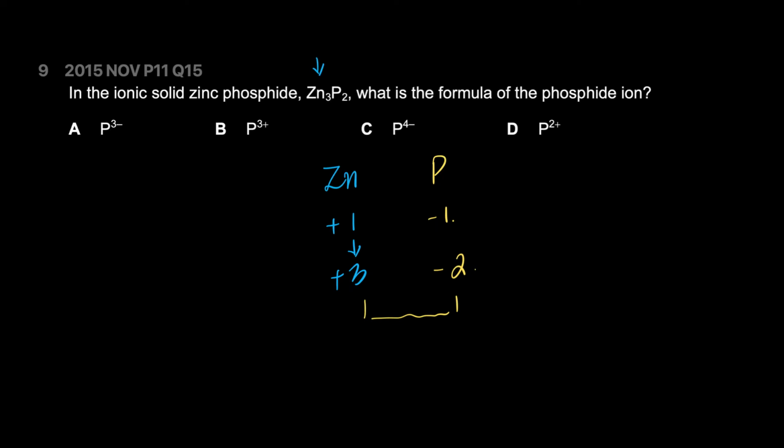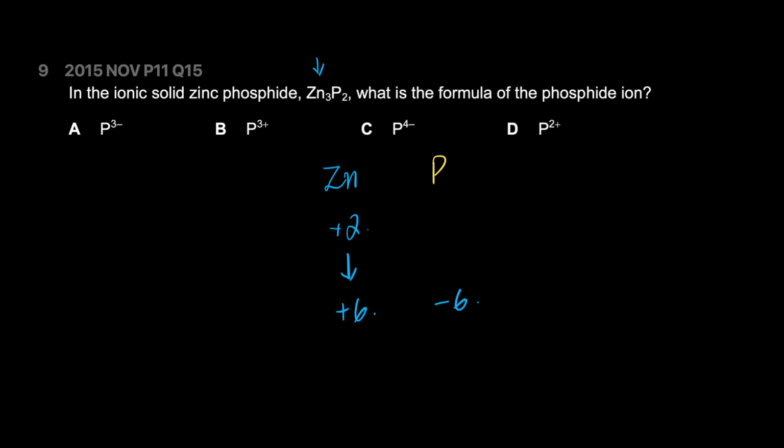So let's change the charge on zinc now. Let's assume that the charge on zinc is 2+, because +1 isn't working out. If it's +2, because of the three zincs, it's going to go up to +6. And you want -6 over here.